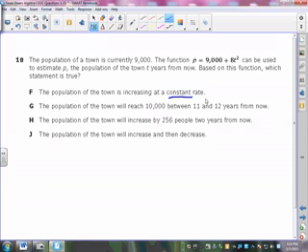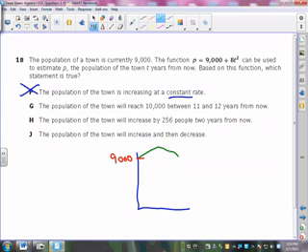So we know it cannot be f because it's not linear. We can also look at this function and tell that 9,000 is a y-intercept, and that's a quadratic equation. We know the graph is going to look like a parabola.